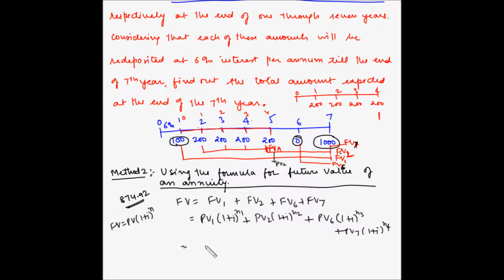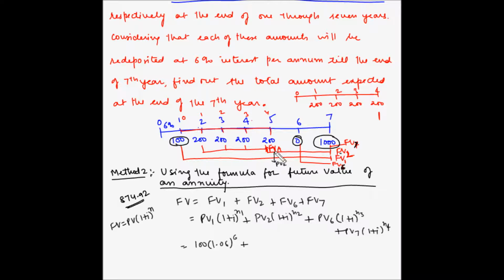So let us plug in the values. PV1 is 100. 1 plus i is 1 plus 0.06, which is 1.06. And the number of years this is going to be compounded is 1, 2, 3, 4, 5, and 6. So n1 is 6.